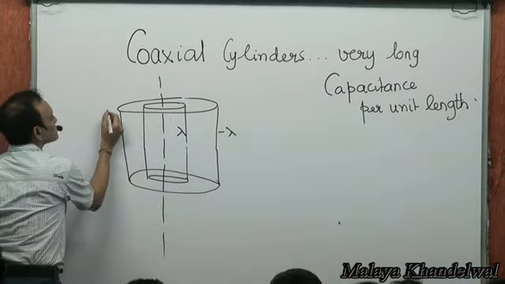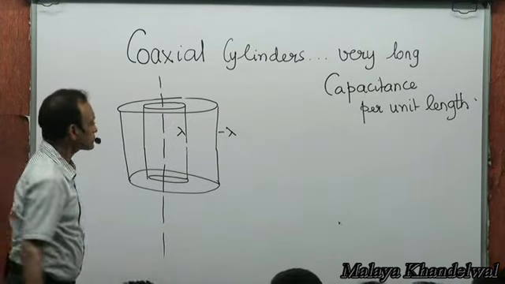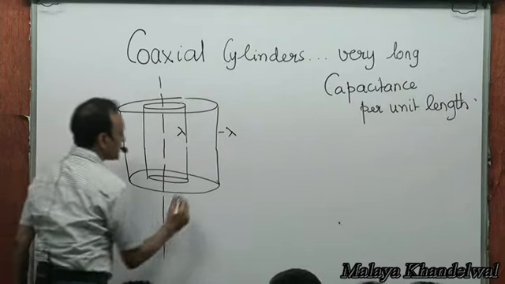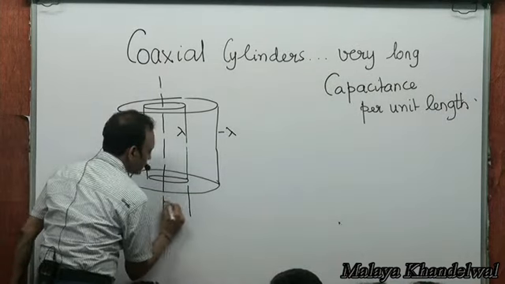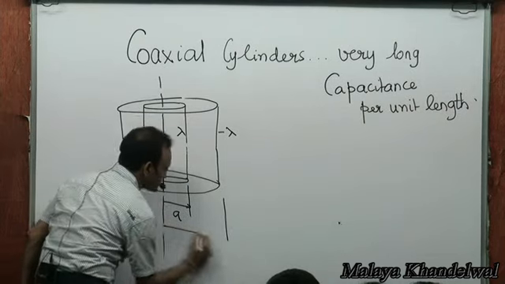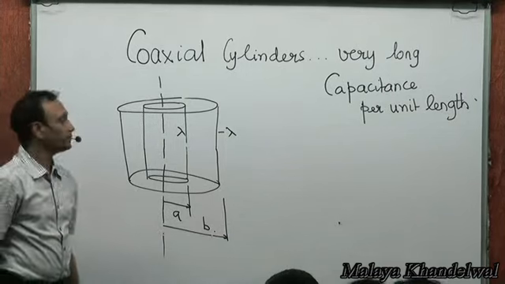So if this is charge per unit length lambda on this, and this is charge per unit length minus lambda on this, and let's say the inner cylinder has radius small a, the outer cylinder has radius small b, right?